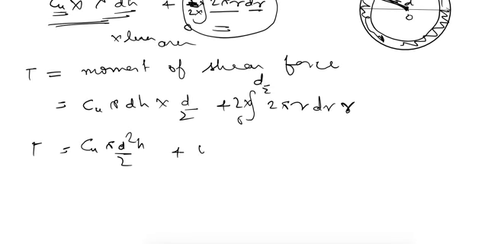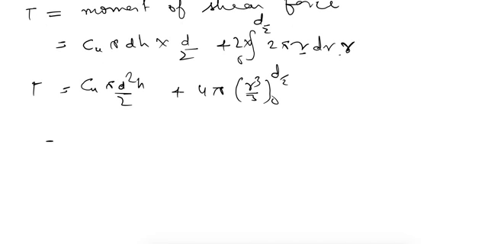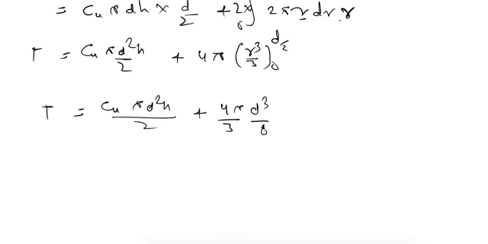So it is 4 pi, and inside it will be r square dr. The integration will be r cubed by 3, from 0 to d by 2. Next, T is equal to Cu pi d square h by 2 plus 4 pi d cubed by 8 upon 3. This will cancel out, so it remains as Cu pi d square h by 2 plus pi d cubed by 6.